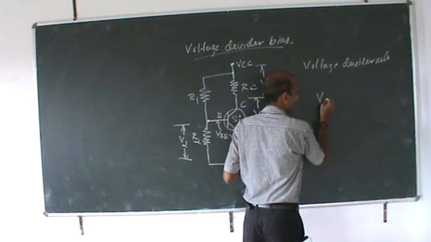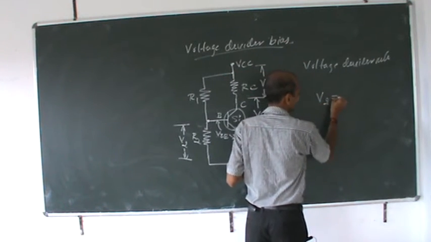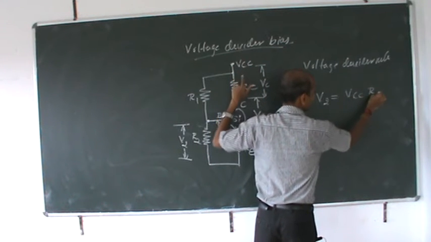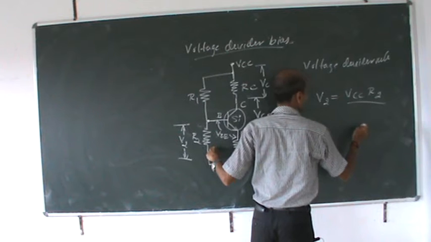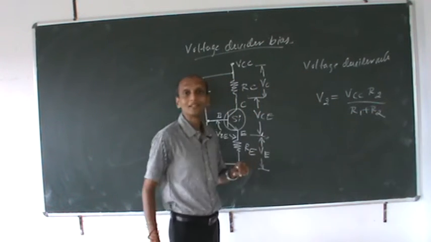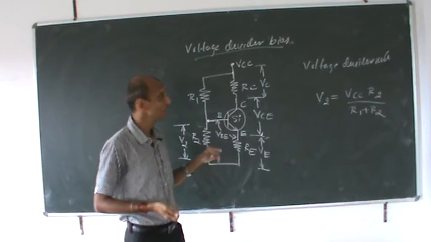V2 can be written as VCC into R2 divided by R1 plus R2. Isn't it? Yes or no? We have studied this.